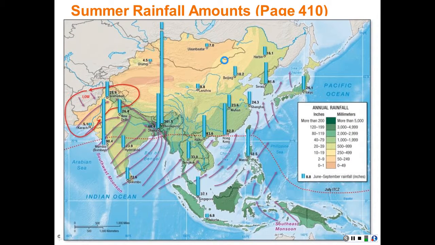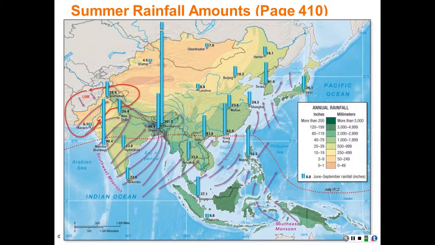If we go back, I did want to mention that the Bay of Bengal here is a site of many cyclones, destructive hurricane-like storms, often larger than the hurricanes that we see in the Western Hemisphere. We have a region of low elevation in the country of Bangladesh.